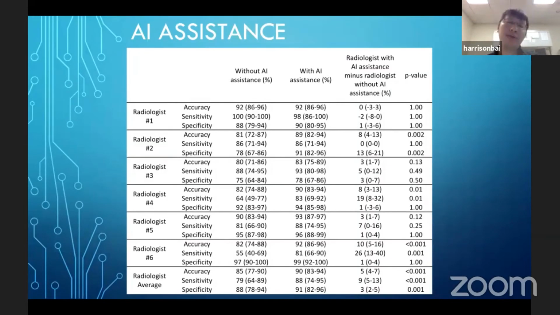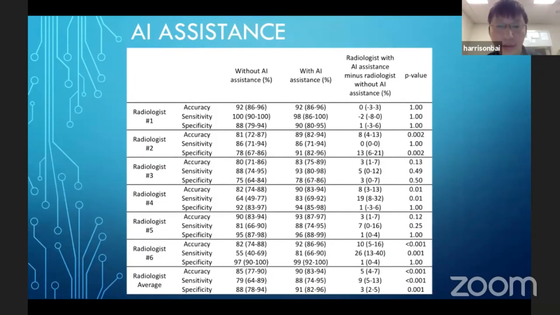And lastly, we want to see if the AI can assist radiologists in performing this task. So we asked the same radiologists to evaluate the scans again, given the probabilities from the AI algorithm. And so we calculated the difference in performance with AI assistance and without AI assistance.